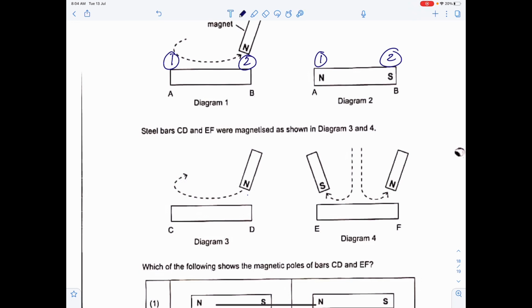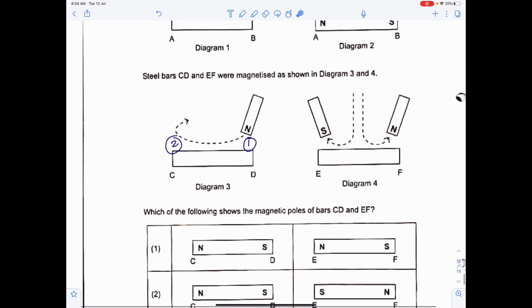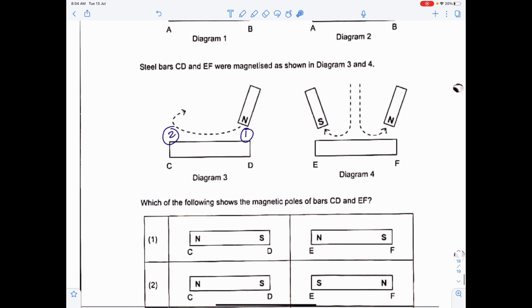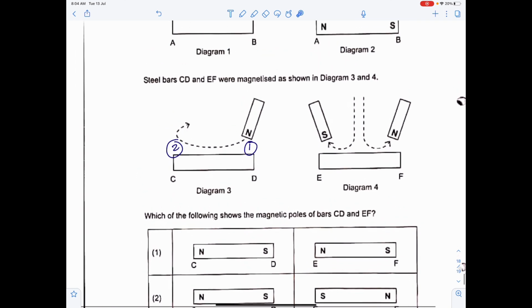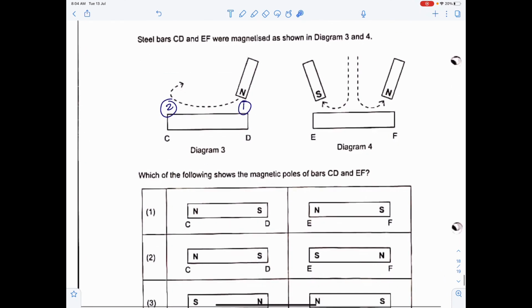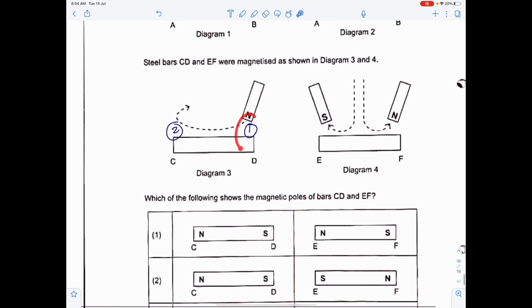In this case, the first one, this is position 1, this is position 2. As you can see, right over here, the north actually touches this part first, and then it leaves this way.